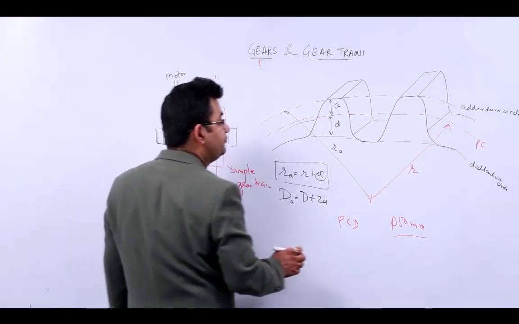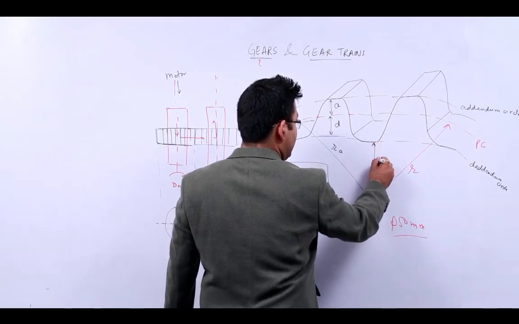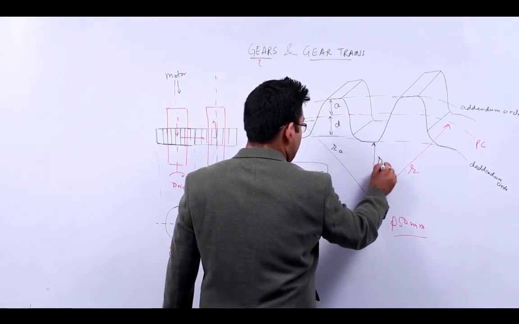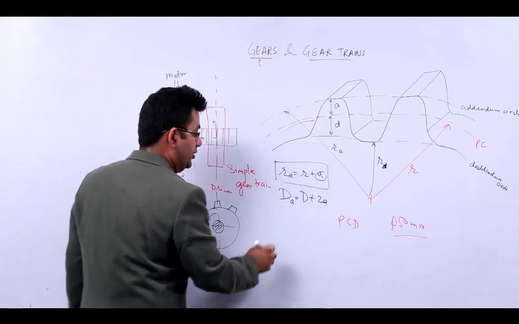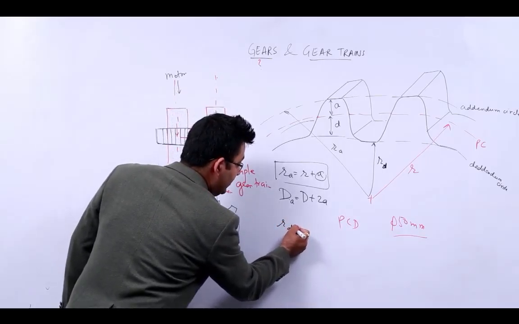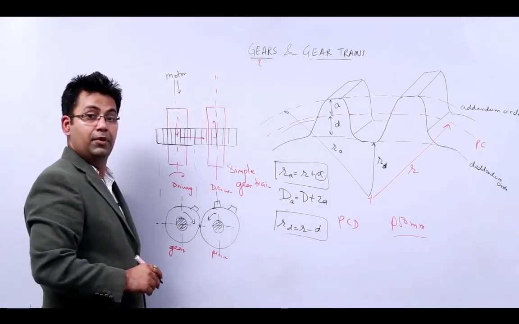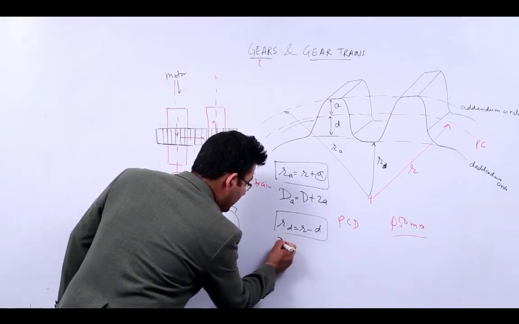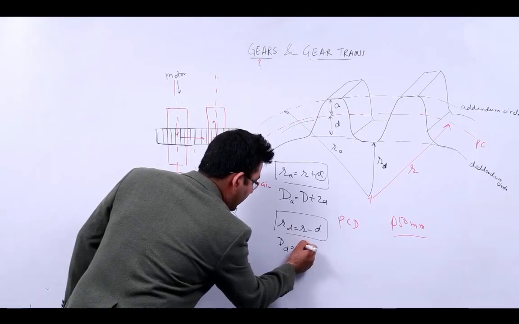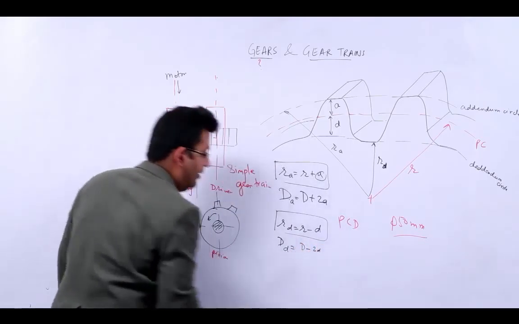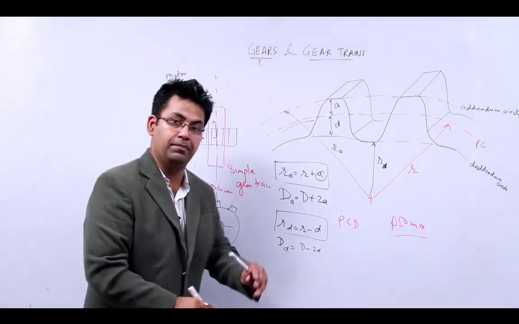So now RD is equal to R minus D. If I have to find the dedendum circle diameter, it will be PCD minus 2 times the dedendum.